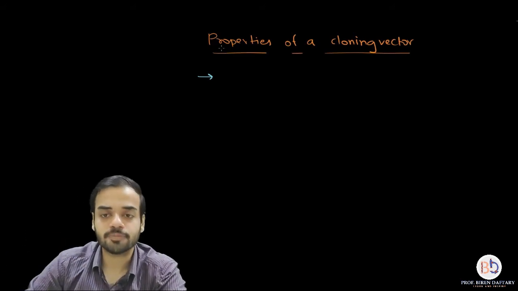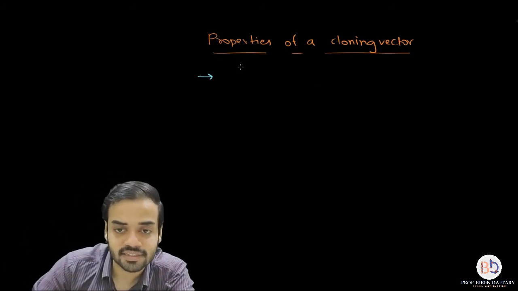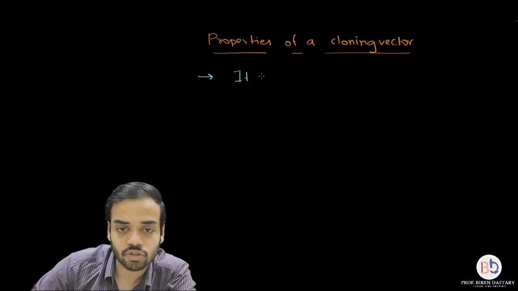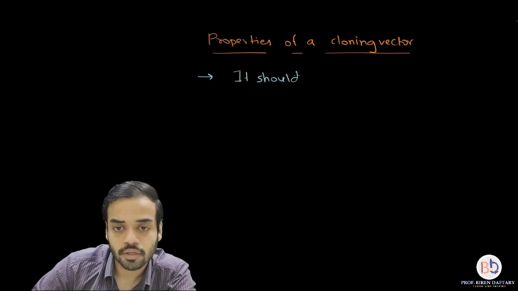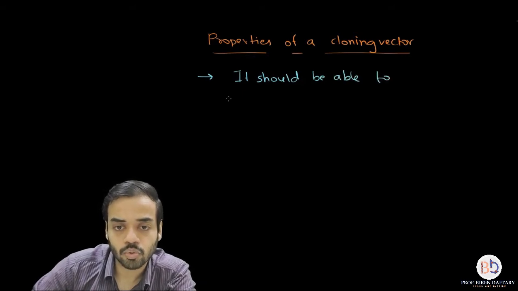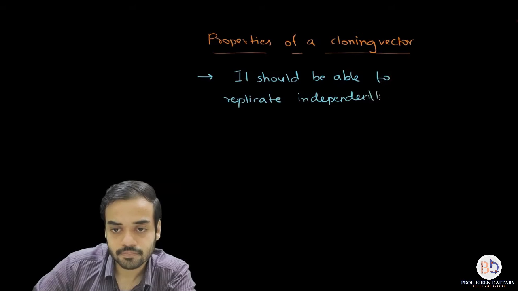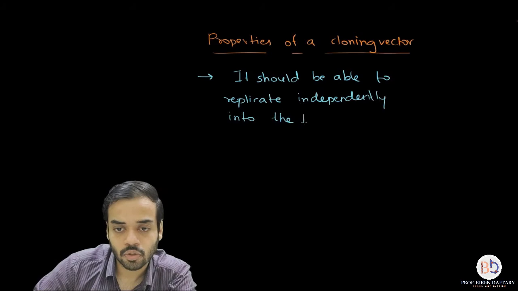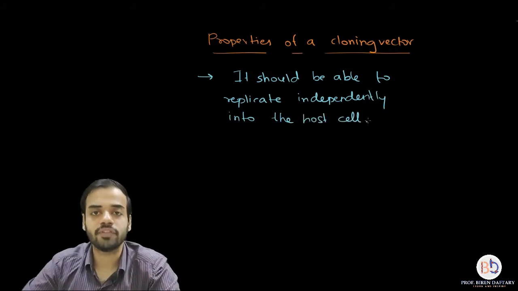Okay, so the first property of a cloning vector is that it should be able to replicate independently into the host cell. Now what is the meaning of this?